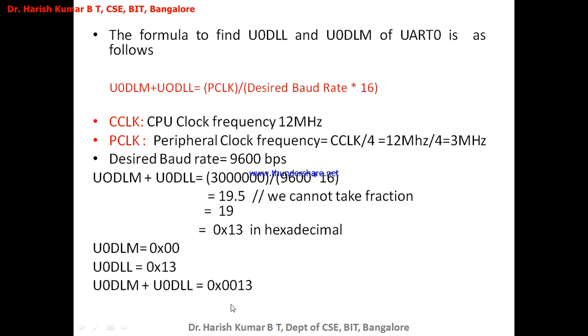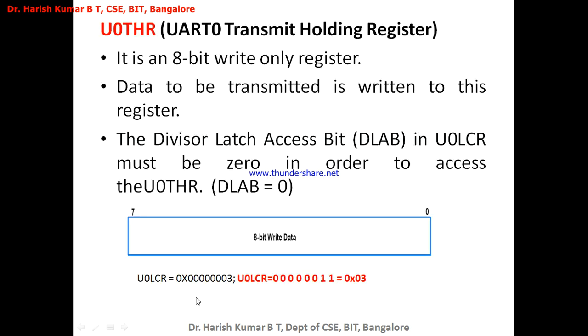I computed the value that should be assigned to U0DLL and U0DLM. After computing this, and before writing the data to U0THR, DLAB should be made 0. That means when you are writing the data to U0THR, you cannot have DLAB enabled. So you enable DLAB only to find U0DLL and U0DLM. The moment you find it, you reset it back.